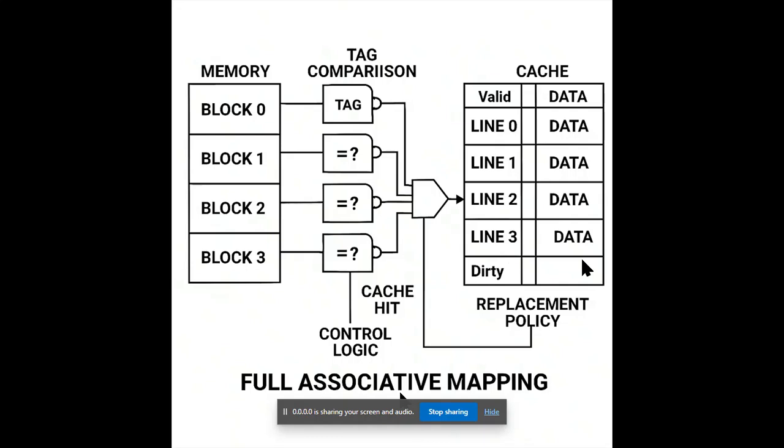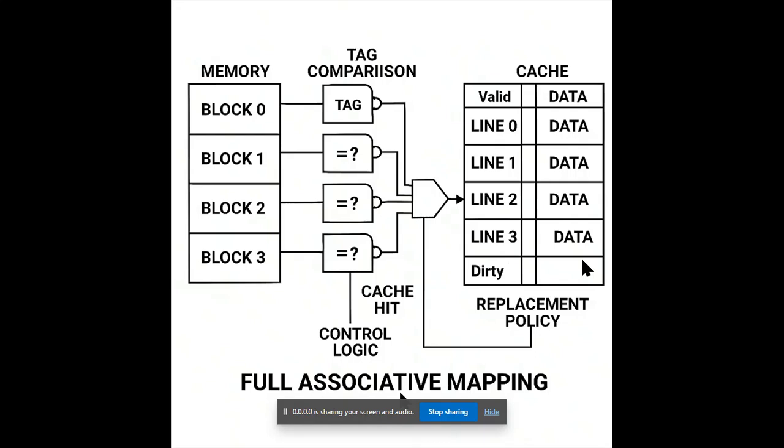For data retrieval or replacement: when the cache hits, the control logic enables the data flow of the matching cache line to send data to the CPU. Whereas if the cache misses, a block from the main memory is fetched. The replacement policy decides which cache line to evict.